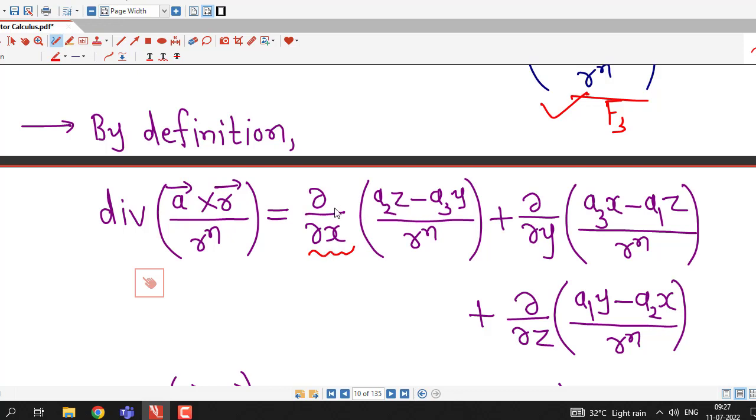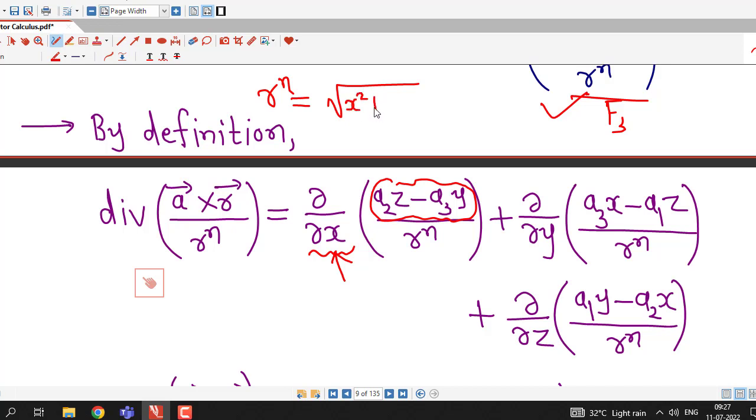So because it is partial derivative, we will consider y and z as constants. Therefore a2z minus a3y is considered as constant while differentiating with respect to x, and this r raised to n is a function of xyz.